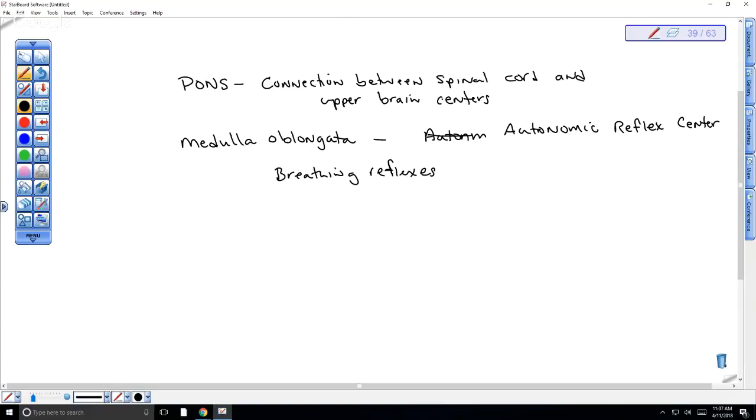And then we also have the reflexes for the heart, so cardiovascular, which would be like heart rate. When I walk up a step of stairs, I want my heart rate to increase. But when I'm lying in bed, I want my heart rate to go down. And so that would be the medulla oblongata.